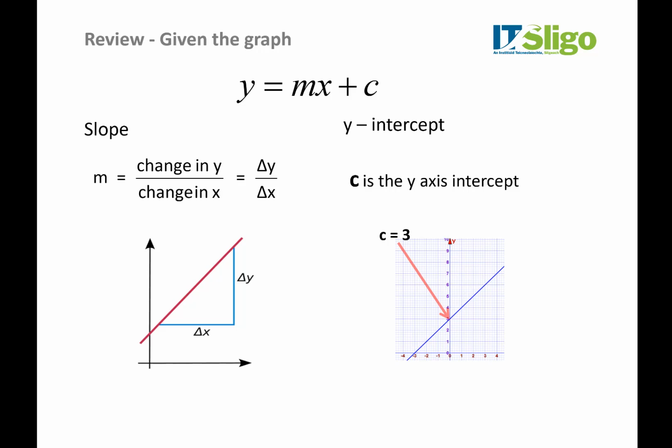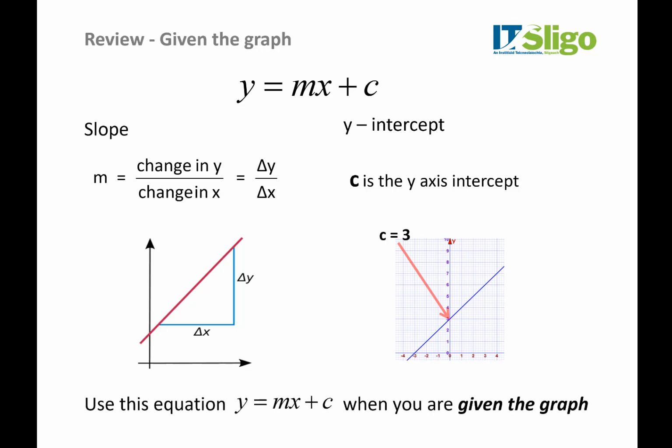You can see the y-intercept, you can see the slope is positive. So straight away, that's 2 out of 3 things. We can see the nature of the slope. Is it plus or minus? And the only maths then is calculating what actually is the rise over the run. So like it says, use this function when you're given the graph or when you're given a scenario with a fixed part and a variable part, like the taxi, the waste collection.